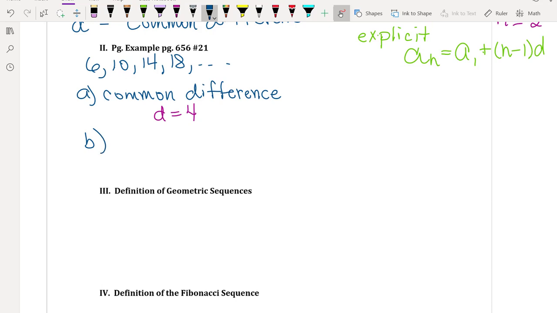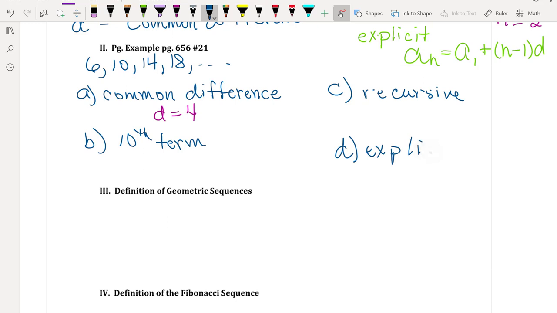And then the next thing we want to do is find the 10th term, which I think in the problem should be like the fourth thing to do. But before we do that, we are going to write a recursive formula and then an explicit formula.